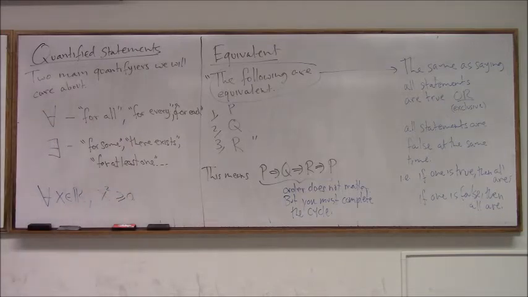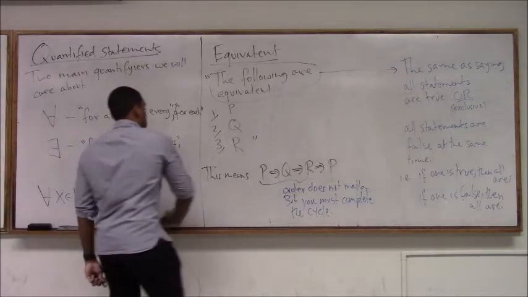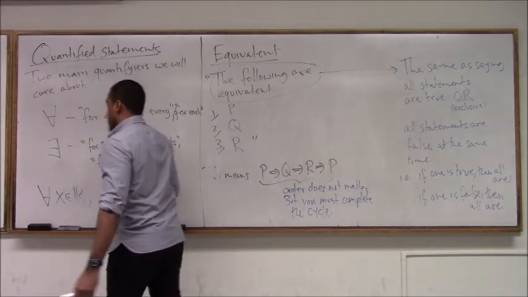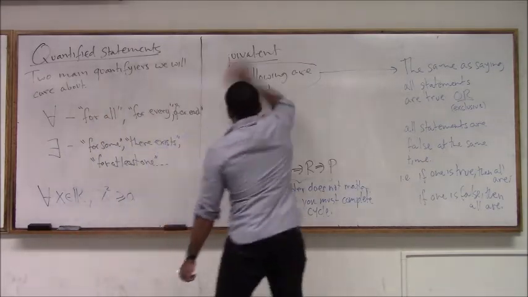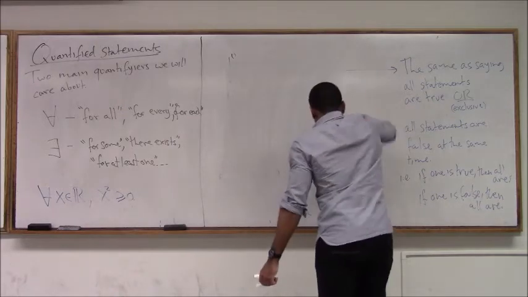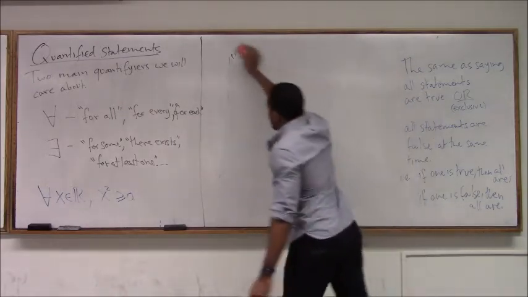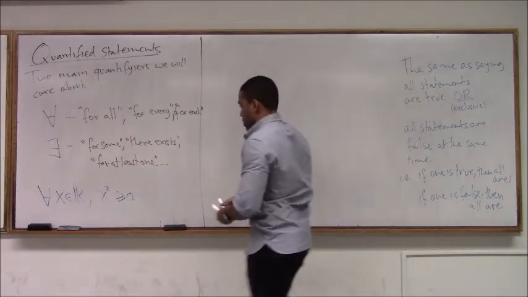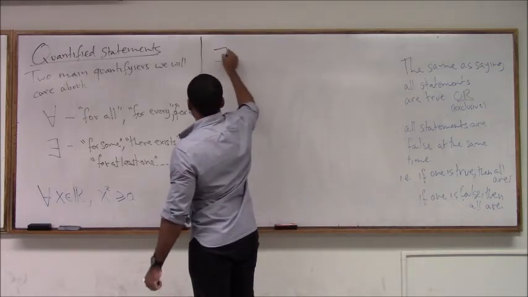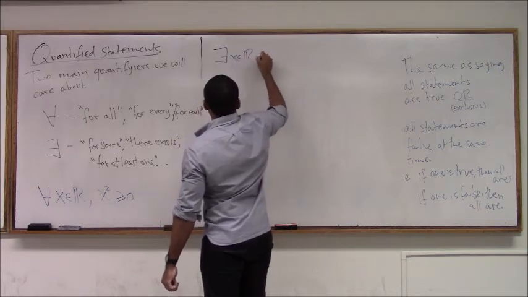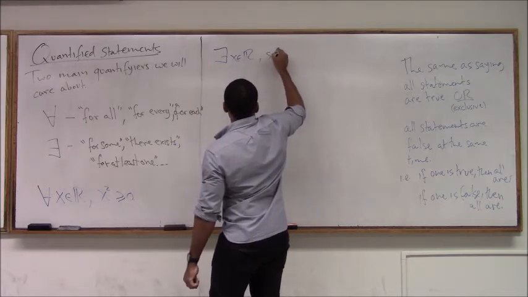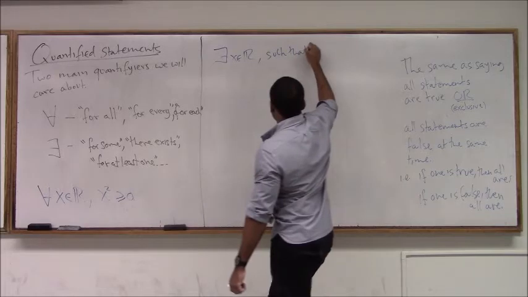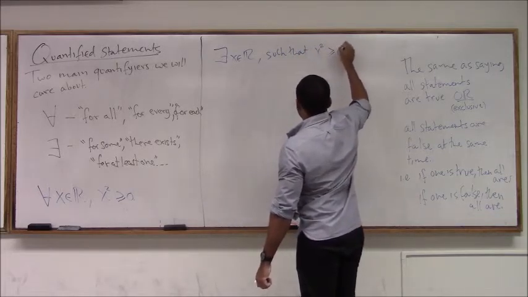This is me making a quantified statement. I'm making a statement that applies to everyone in a certain set. I could also say, there exists an x in R such that x squared is greater than or equal to 0.